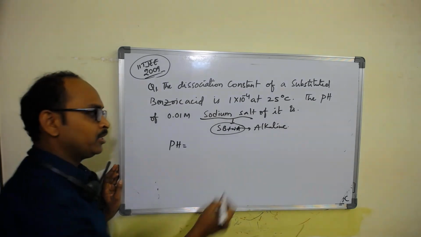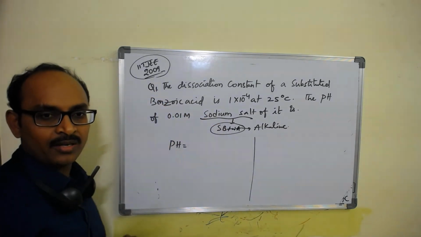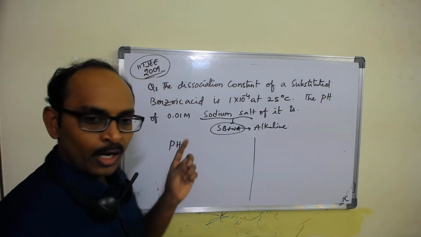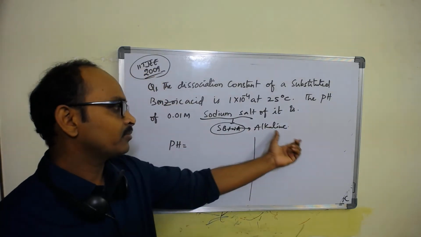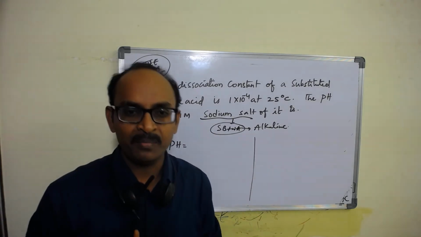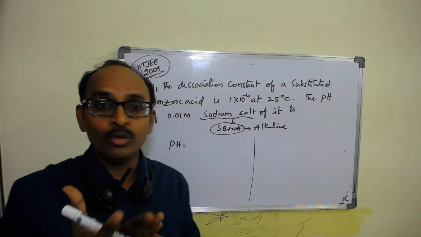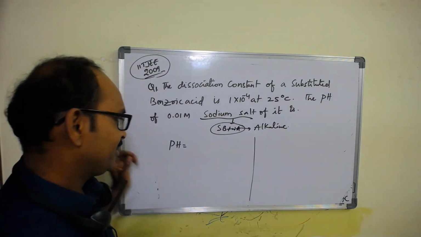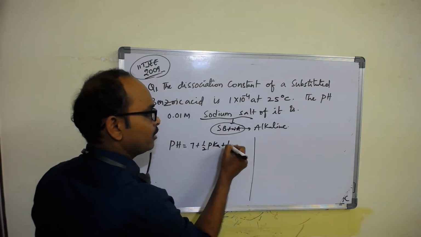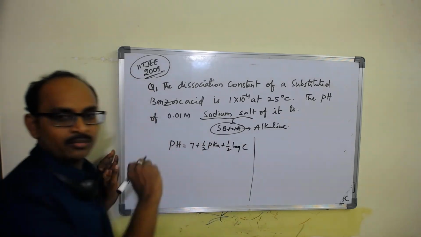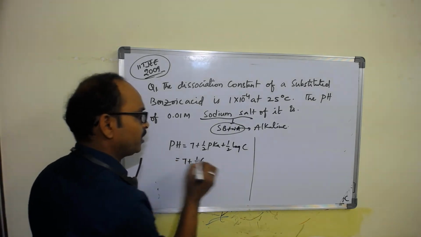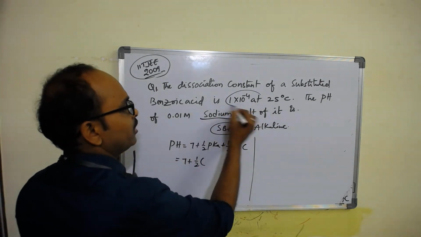If you remember that pH formula, I'll be explaining this question in two ways. One is calculating the pH value directly, and the other is calculating OH minus and from that calculating pH. Both are the same only. pH is equal to 7 plus half pKa plus half log C, right? So this is 7 plus half of pKa.